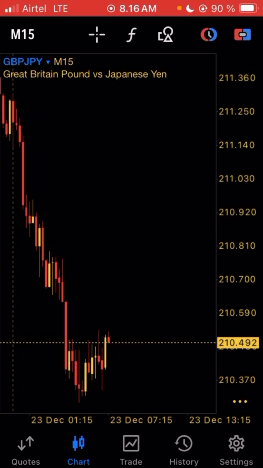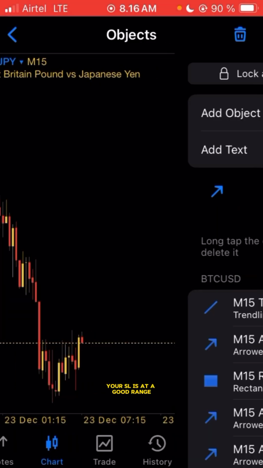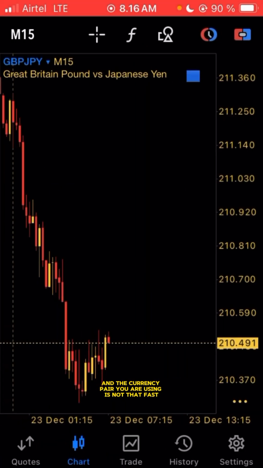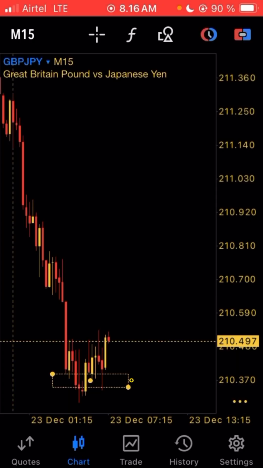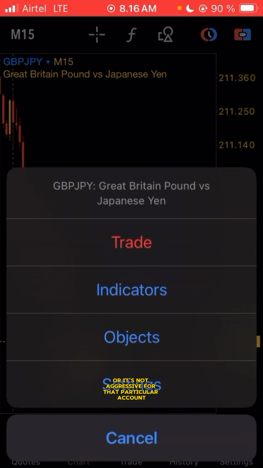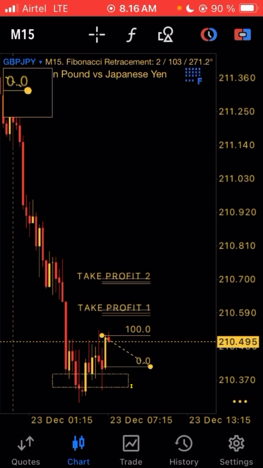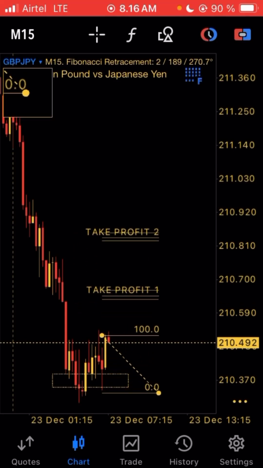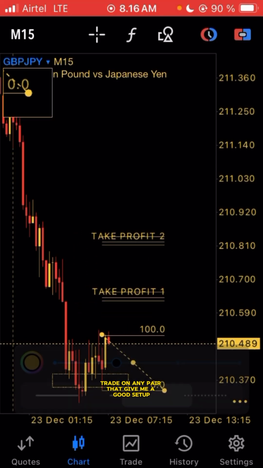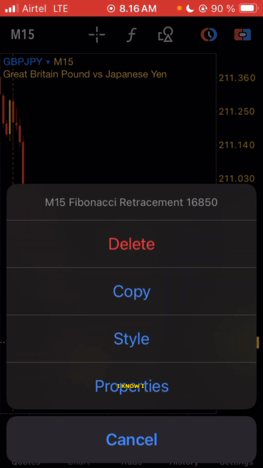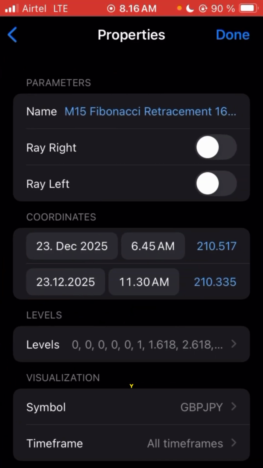So always make sure that your TP and your SL are at a good range, and the currency pair you are using is not that fast or aggressive for that particular account. If I have $1,000, I don't care. I will just take a trade on any pair that gives me a good setup because I know I have the balance and the capital for it. You get my point.